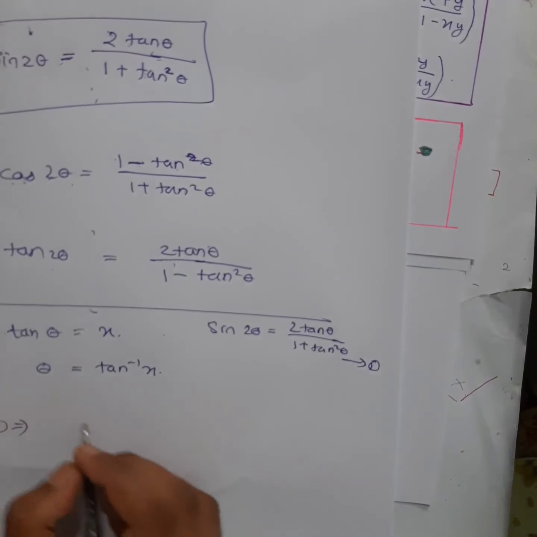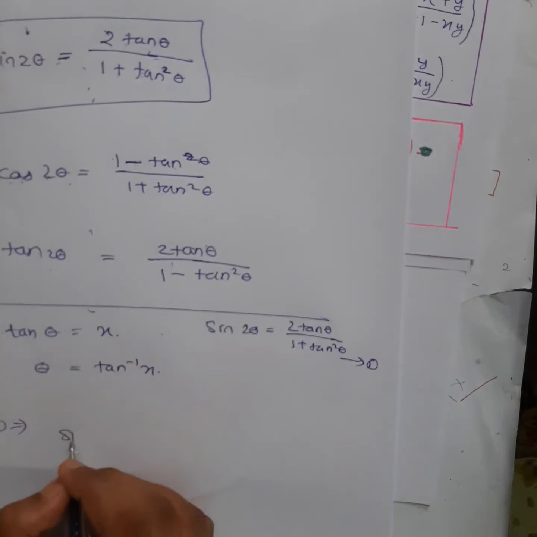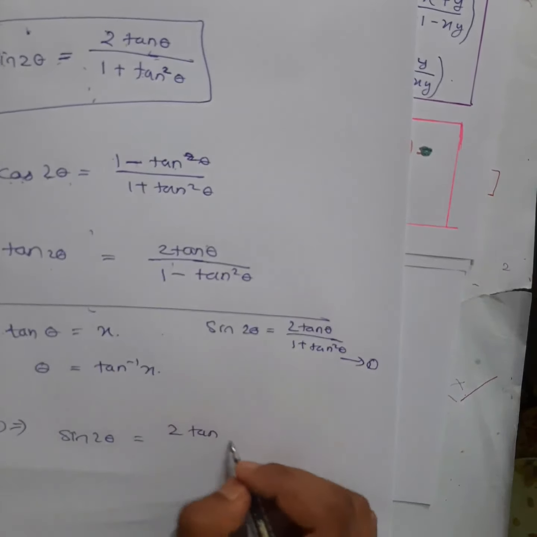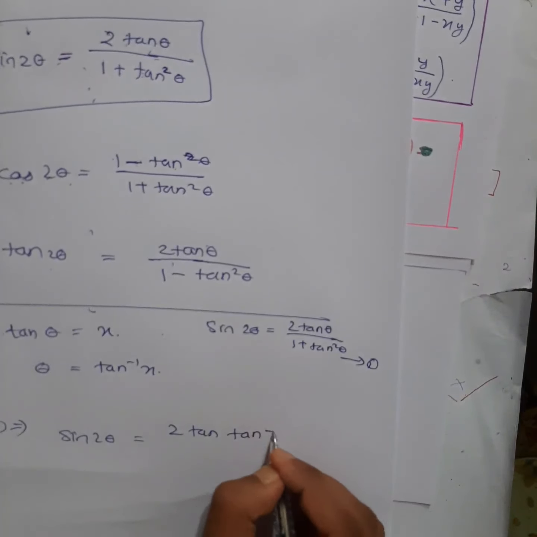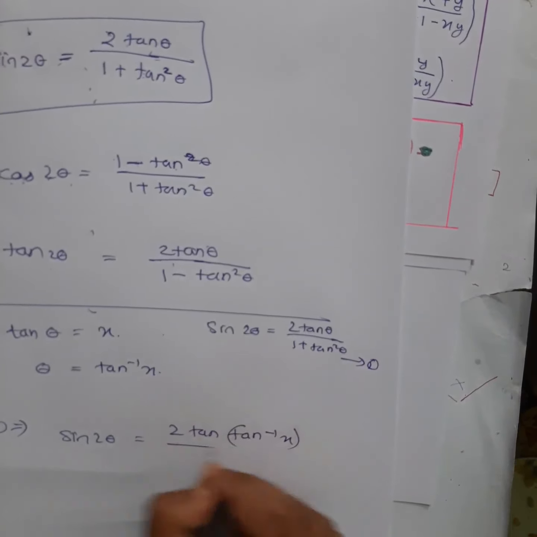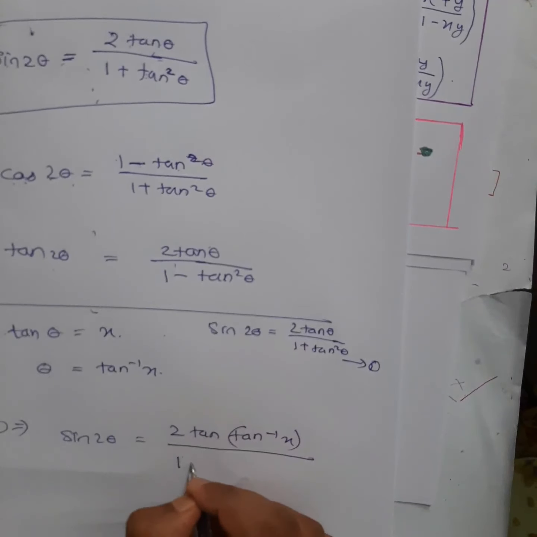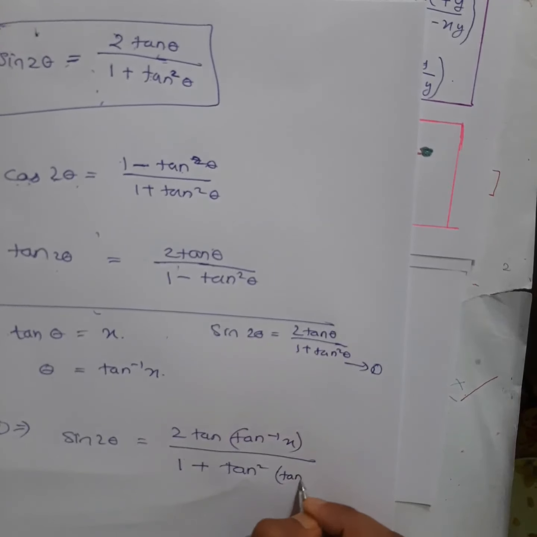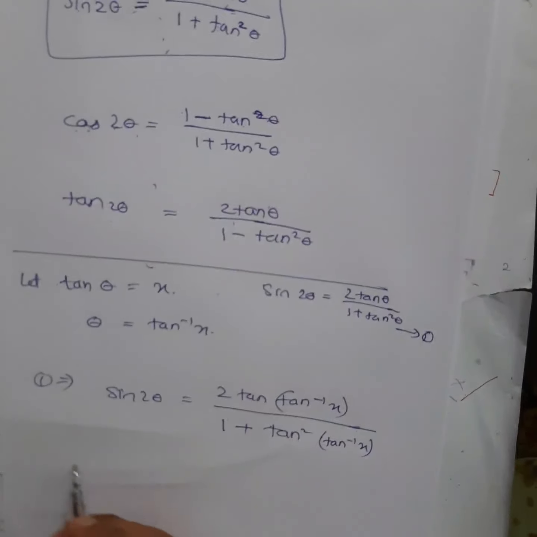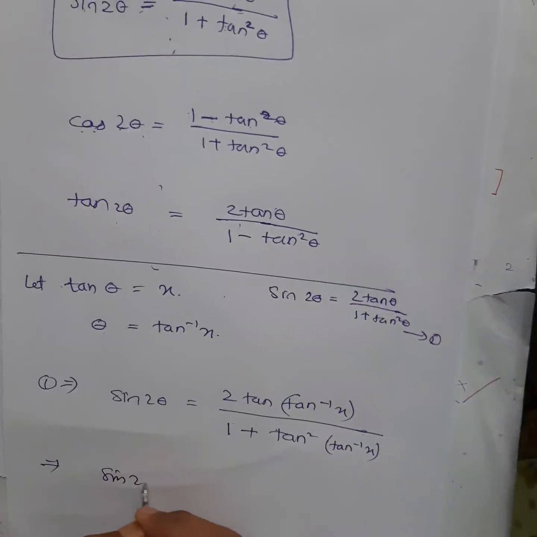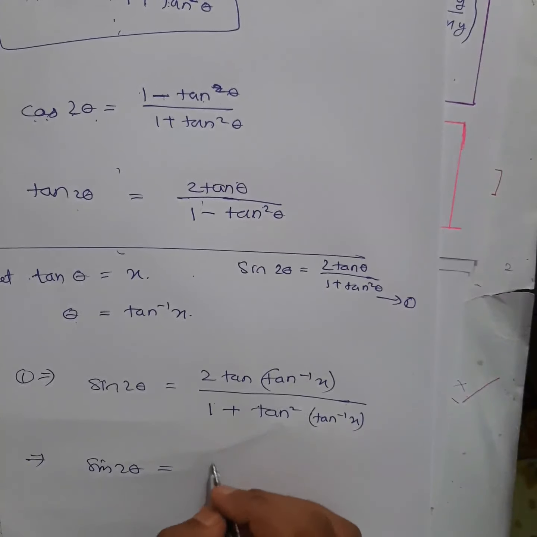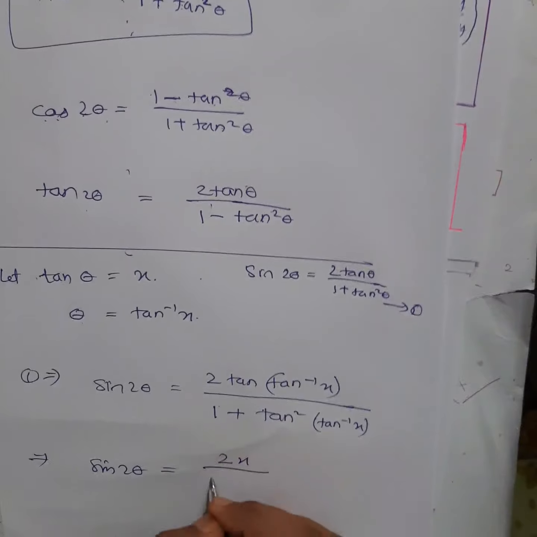From 1, same as the previous one I'm doing, sine twice theta is equal to 2 tan theta over 1 plus tan square theta. I am trying to convert everything in terms of inverse now. In place of theta, what can I write? Tan inverse x. Which implies sine 2 theta is equal to, this tan will get cancelled, you get 2x over 1 plus.